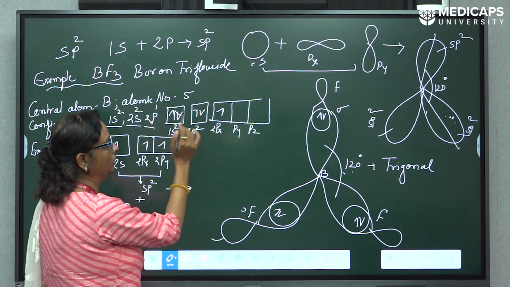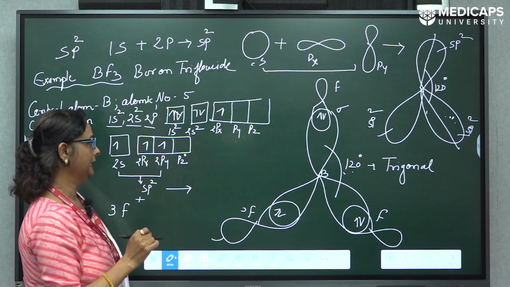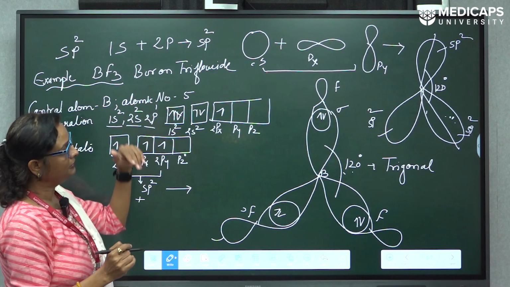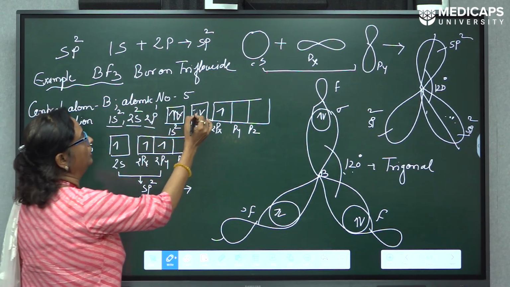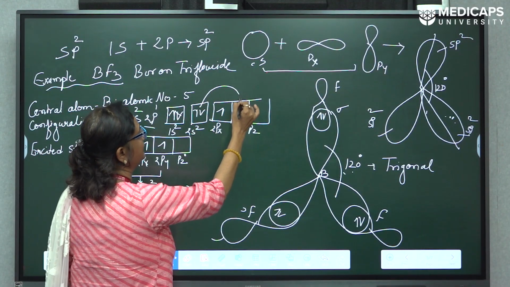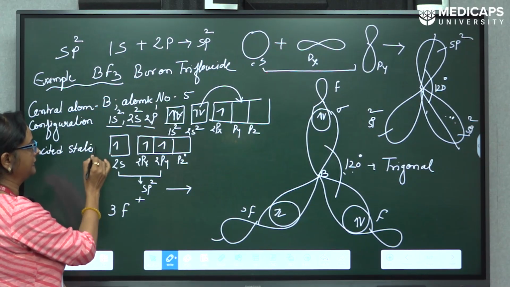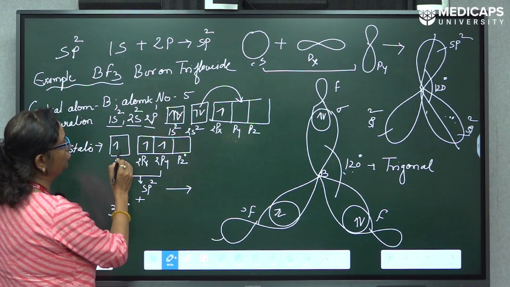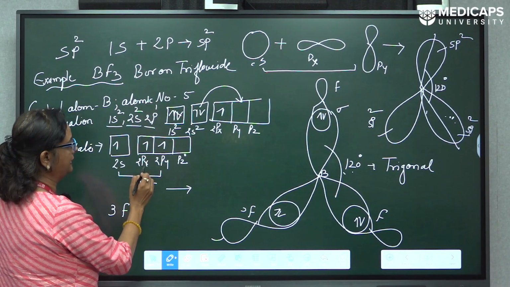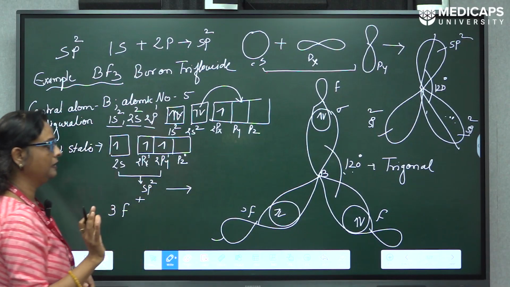In this boron, the py and pz orbitals are vacant, and for the hybridization, one electron from 2s gets excited into py. So this will be the excited state: 2s1, 2px1, 2py1 and again 2pz will be vacant.